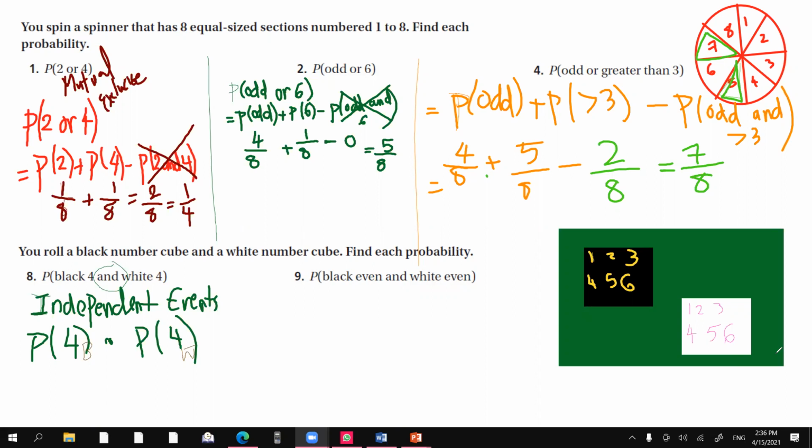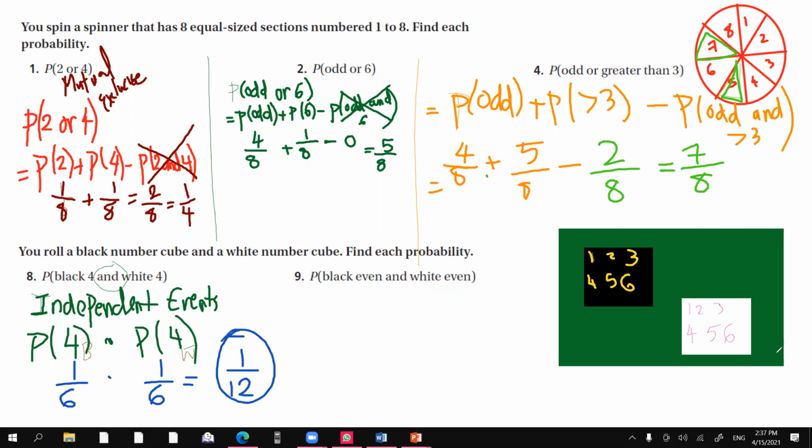How many 4s do we have on the black number cube? 1. So we have 1/6. How many 4s on the white? 1/6. Bravo. So it is 1 over 36. They are multiplied.